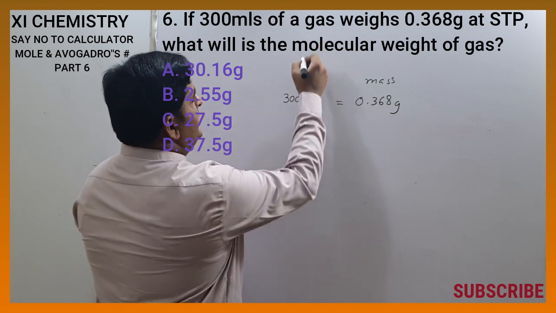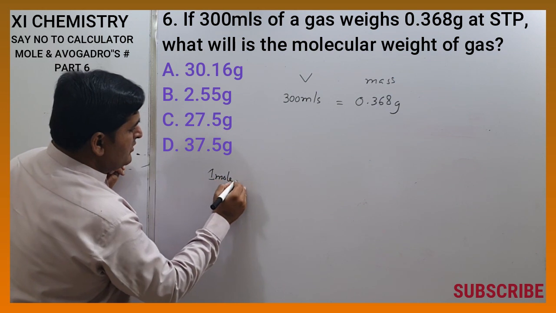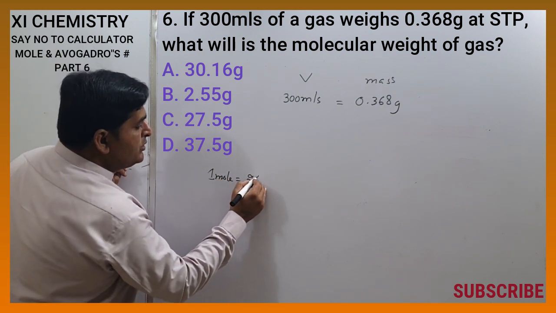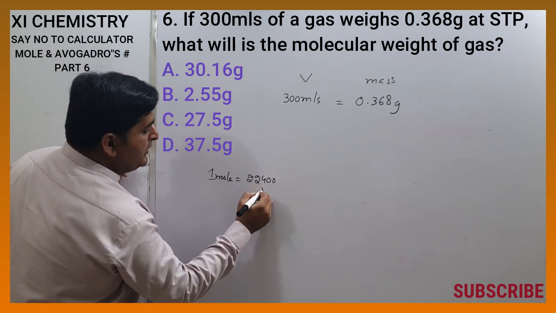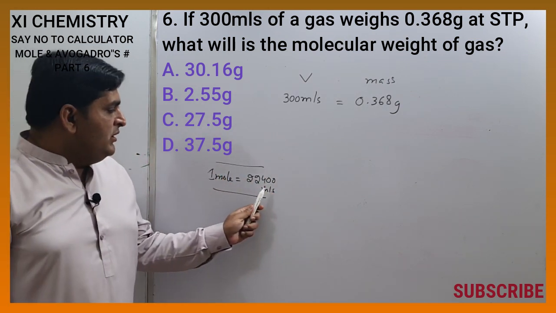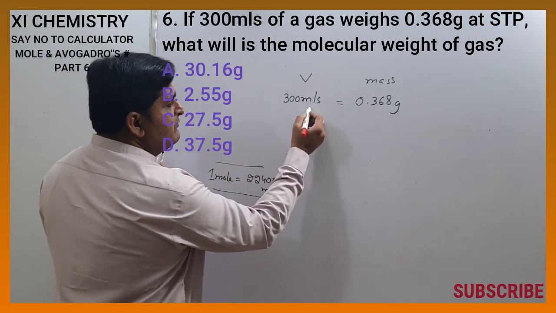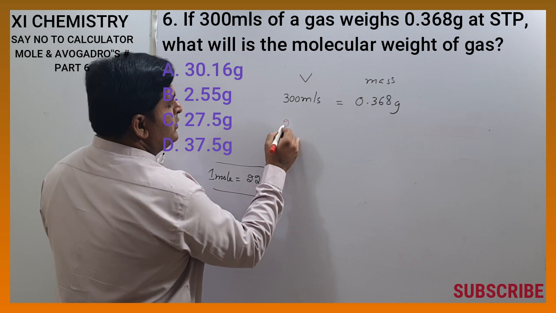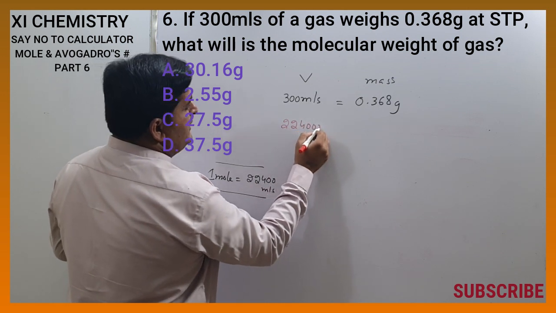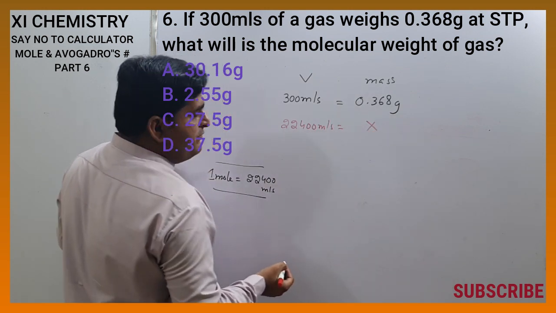So we know that 1 mole is equal to 22,400 milliliters. As the volume is given in milliliters, we keep 22,400 milliliters. This is what we have to find, the mass.